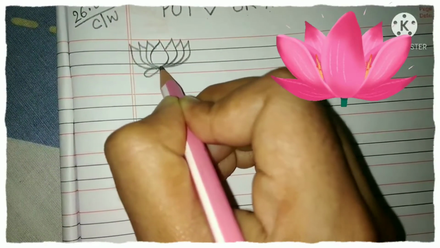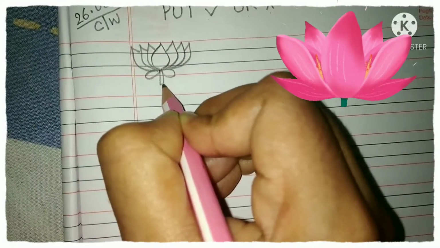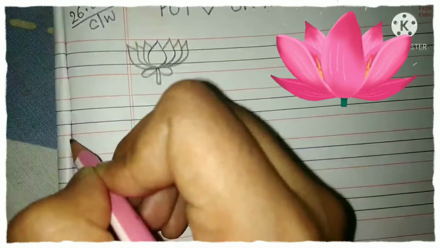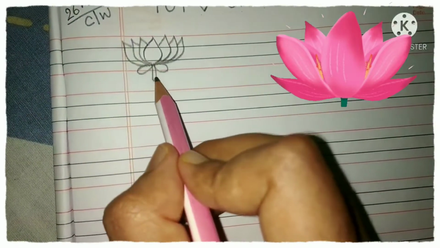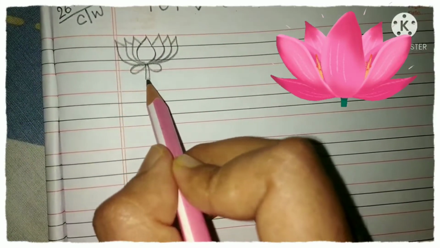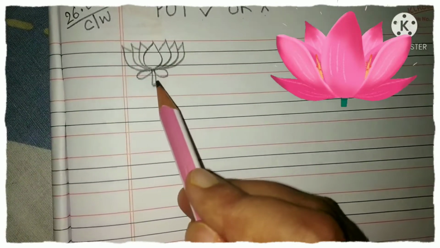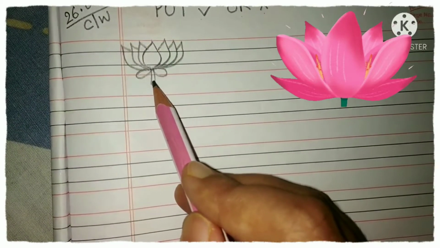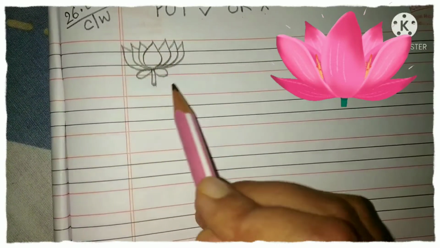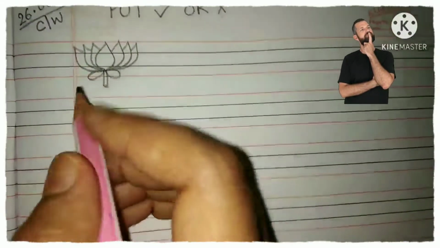Do you know lotus is also called the national flower of India? This is our national flower and this flower is pink in color. We can find lotus in water as well as on land. So this is a lotus. Now guess the next picture.